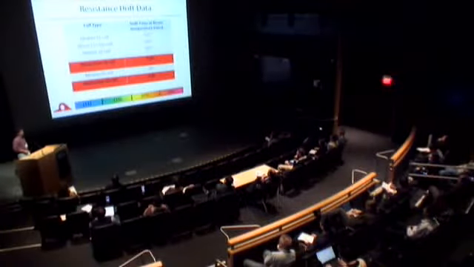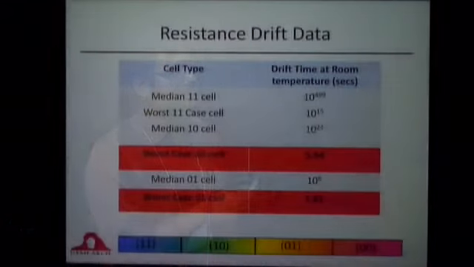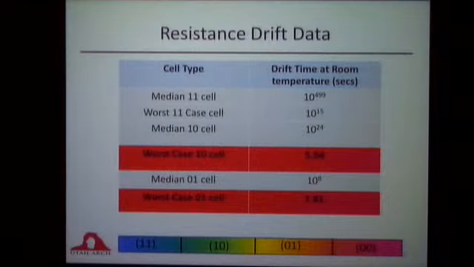In that case, let's also look at some of the data that we collected from this model that we have assumed. The worst case 1-0 cell is the cell that is most prone to drift. In the rest of this talk, I'll refer to both these cells as the drift-prone cells.